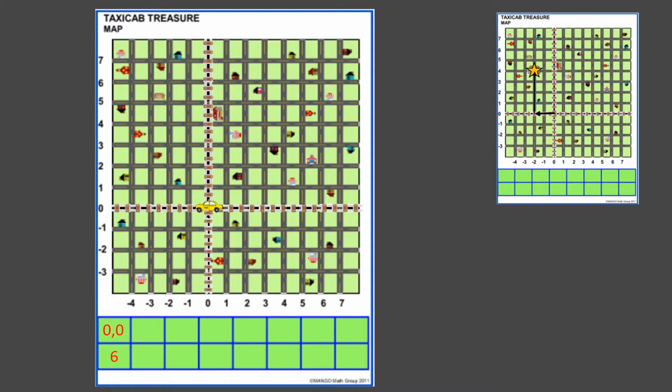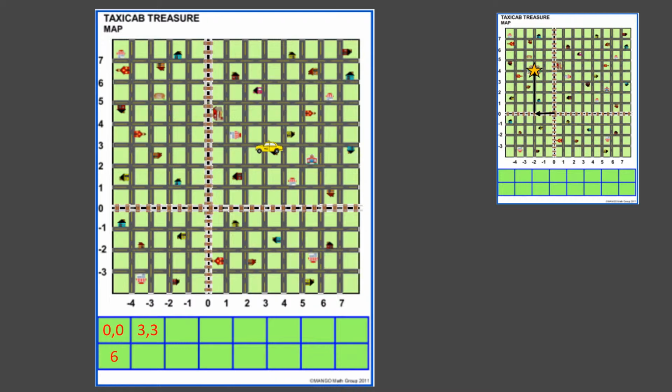So now the person who is trying to find the treasure can place an X anywhere on the board that's going to be our next location. And let's say he chooses a total of 6 blocks away. I went over 3 and up 3, so that's 6 blocks away, and I'm now at the coordinate 3, 3.